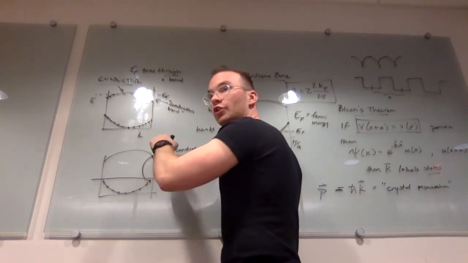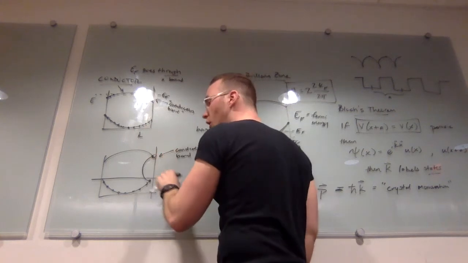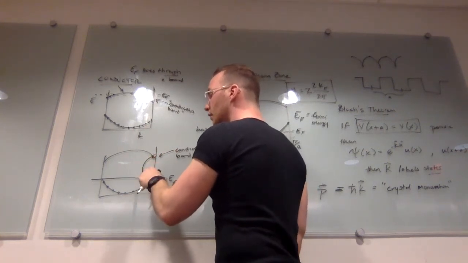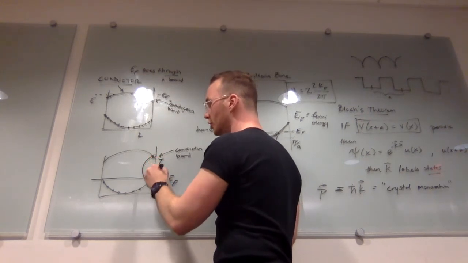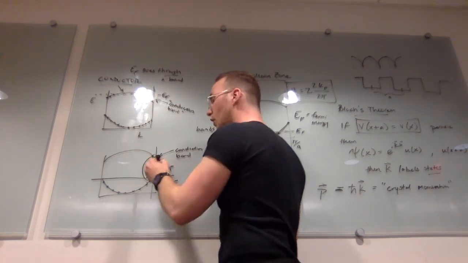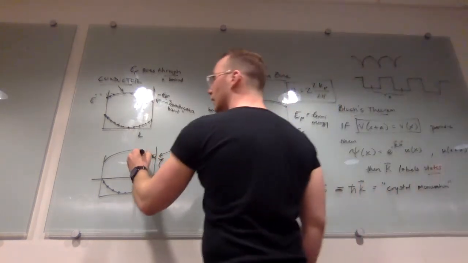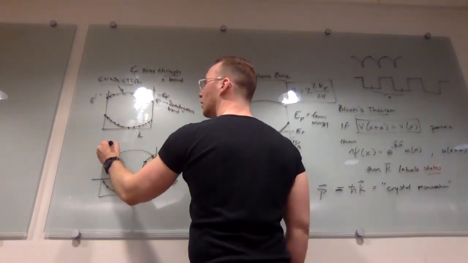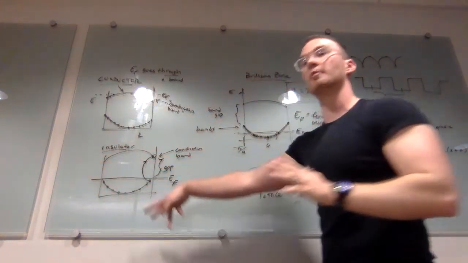That's a ton of energy you have to give it. So even thermal fluctuations or small amounts of energy, it's very difficult to get it from here to here. This is a large gap between energies. So this is called an insulator. That gap. A system where these are the band structures.